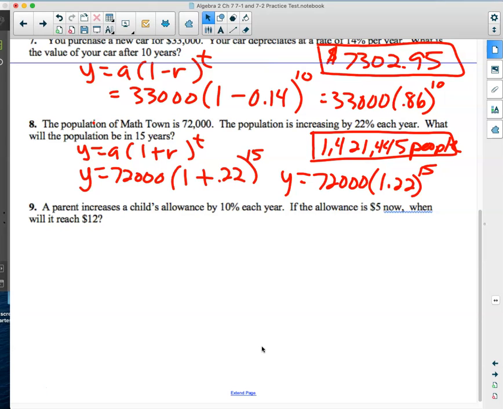Number 9, a parent increases a child's allowance by 10% each year. If the allowance is $5 now, when will it reach $12? Formula. Simple interest, once a year. Okay, simple interest it is.